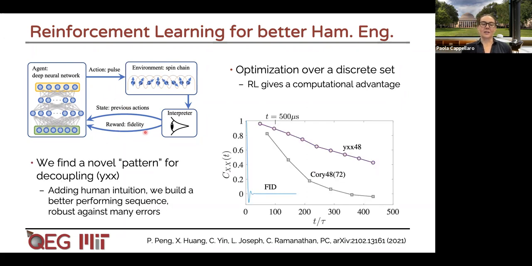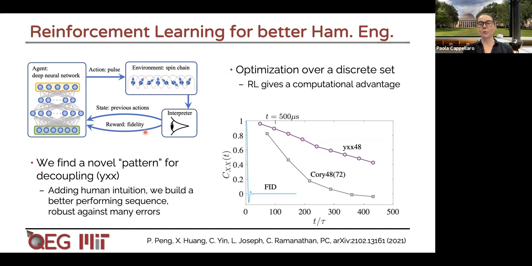What is interesting is that we actually find a novel pattern for the coupling. If you remember the NMR sequences that I showed you, they always had this 2-pulse pattern, which was repeated maybe in different order with different colors, which correspond to the phases of the pulses themselves, but the pattern was always the same.